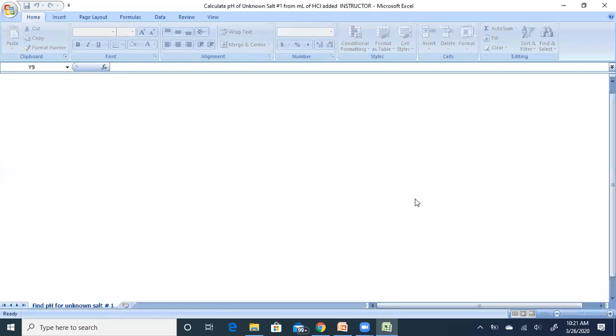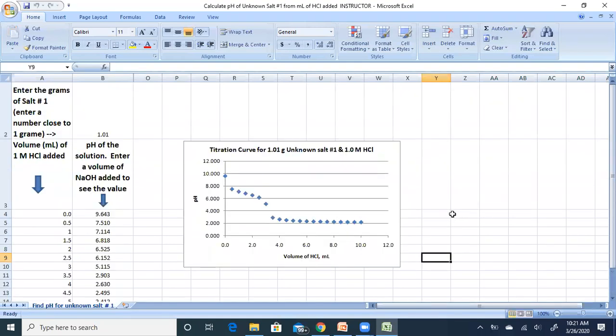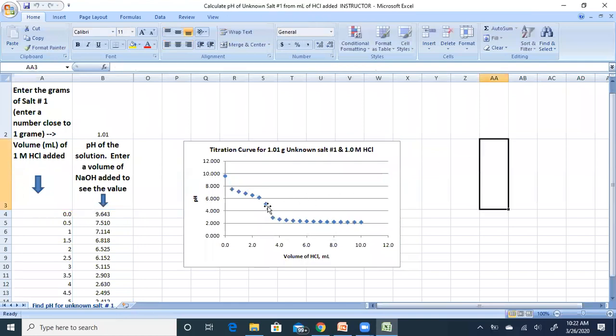And you will see the graph. So the graph looks like that, right? Obviously you see the pH change is not that sharp. It starts from this point here and goes to this point here. So you will just take some point between there.